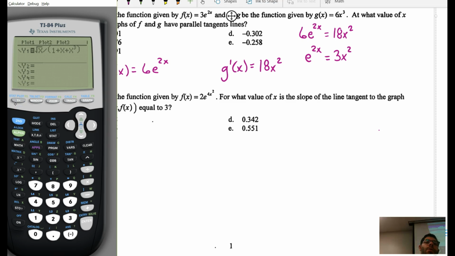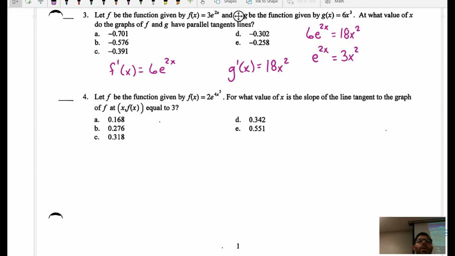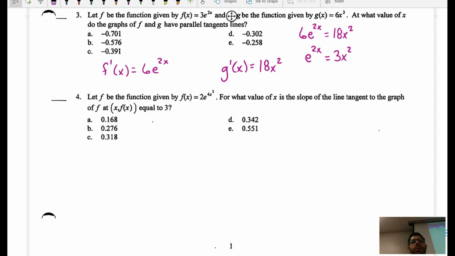So on one side of the equation, I'm going to put into y1 e to the 2x, and the other side of the equation, I'm going to put 3x squared. Before I hit graph, I'm going to hit window, and think about what x's I want to look at.